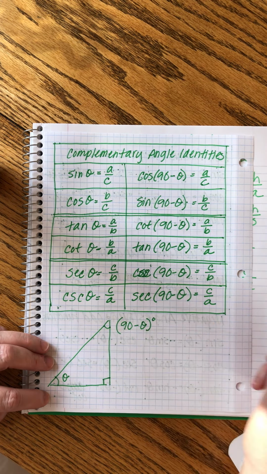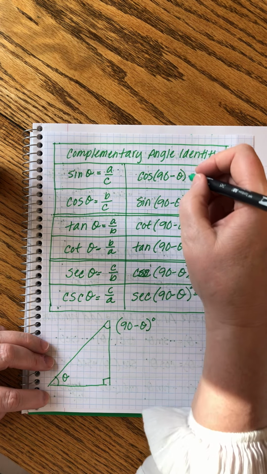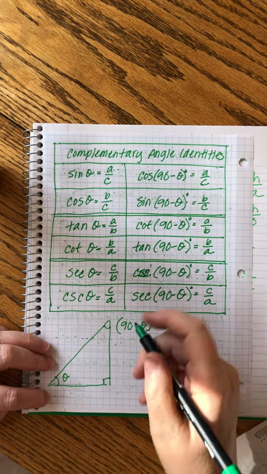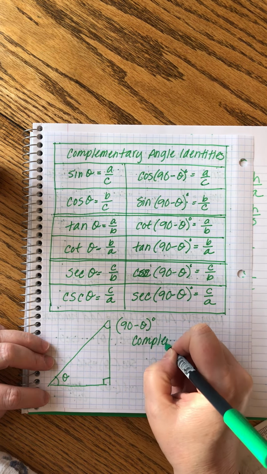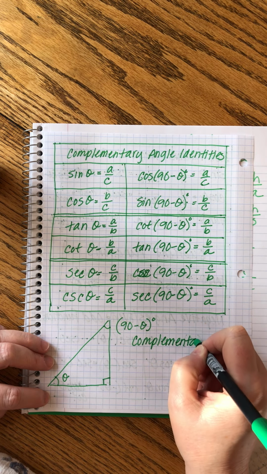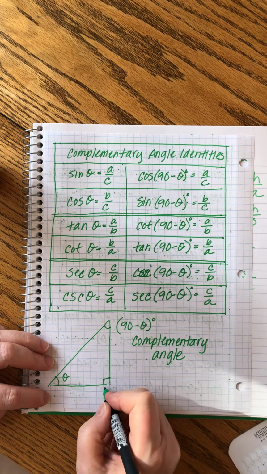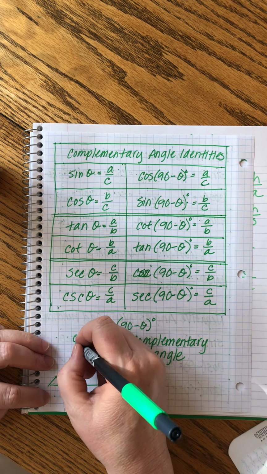Technically, we put parentheses around and then we put the degree on the outside. I always blow that off. Okay? And this is called the complementary angle. And then we had A, B, and C.